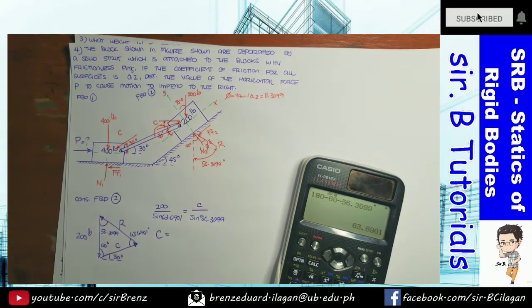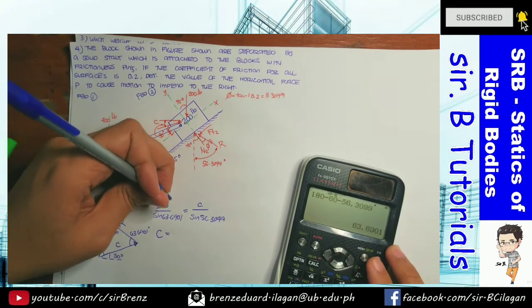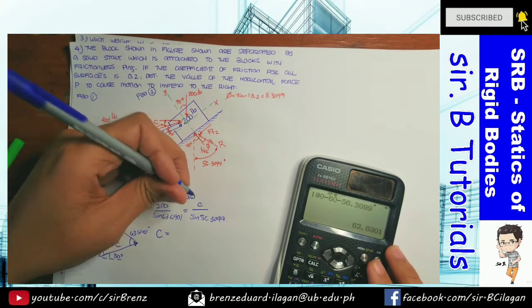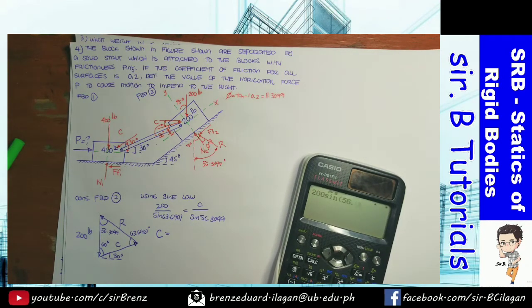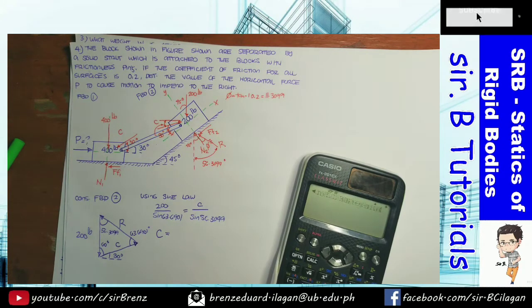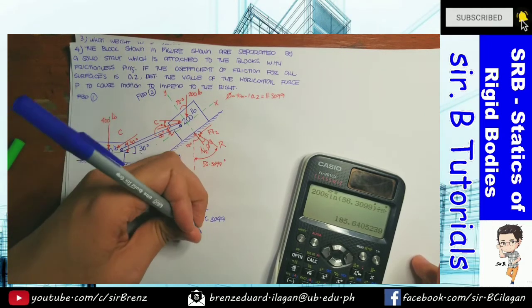Therefore, C is equals to 200 sine 56.3099 divided by sine of 63.6901, which is 185.6405 pound.